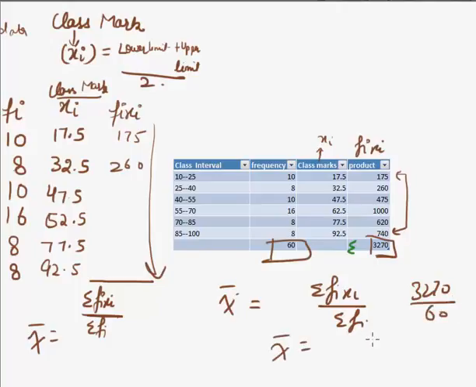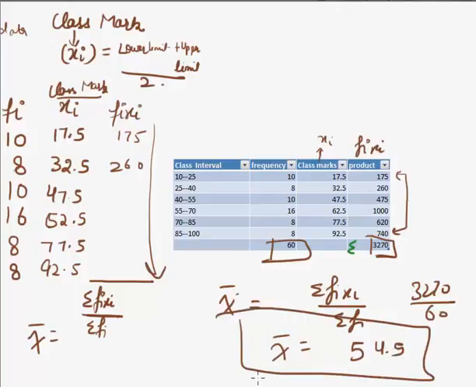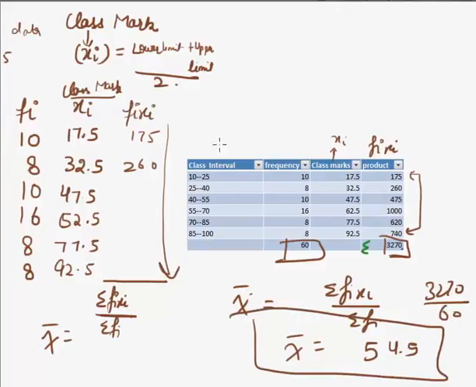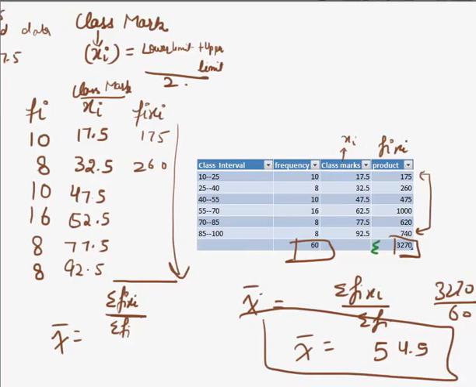So mean will be 54.5, that is 54.5 is the mean of this grouped data.